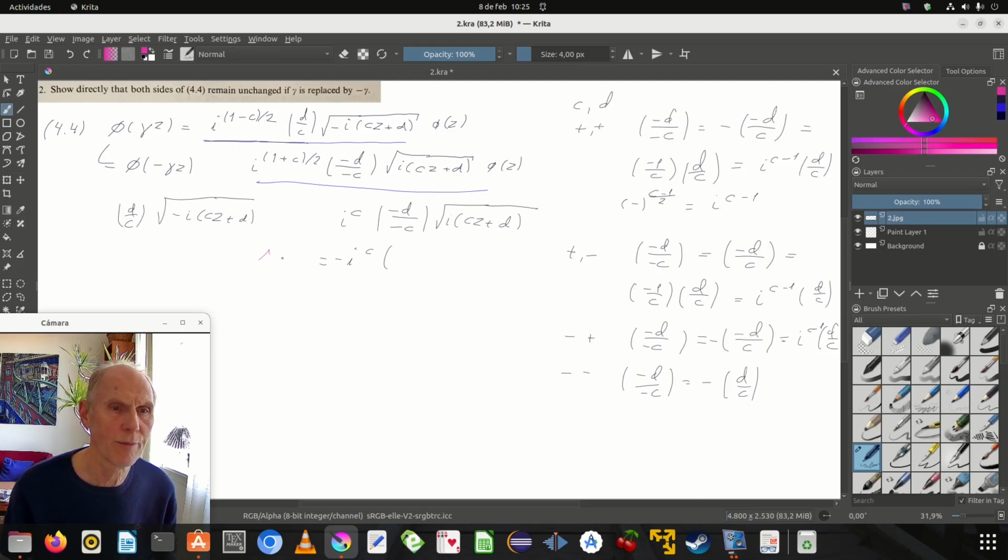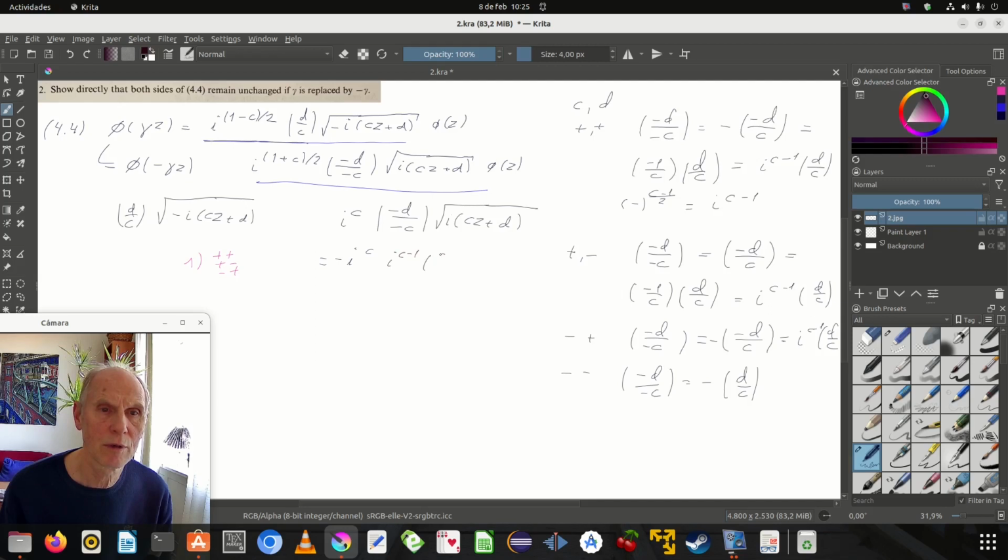So first, plus plus, plus minus, minus plus. It gets i to c minus 1, d over c, square root i of cz plus d, at i to c2.